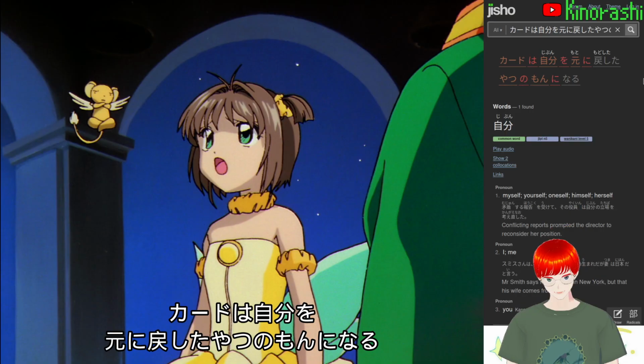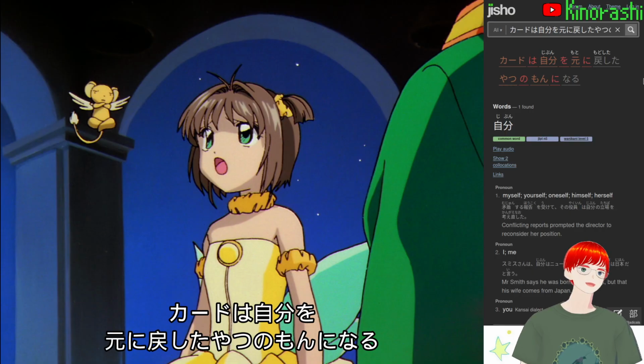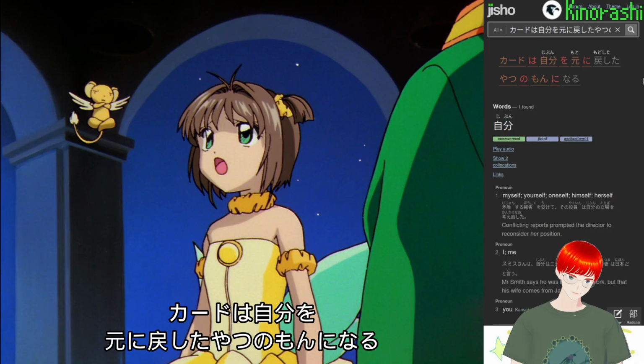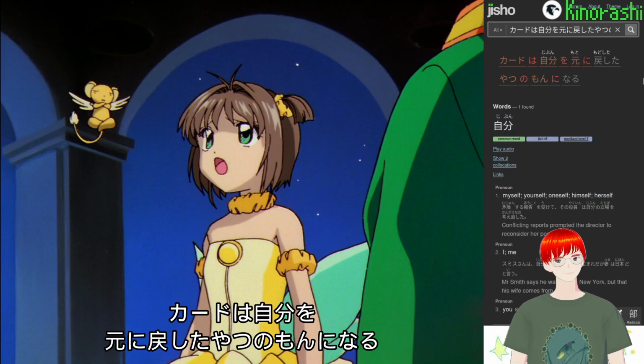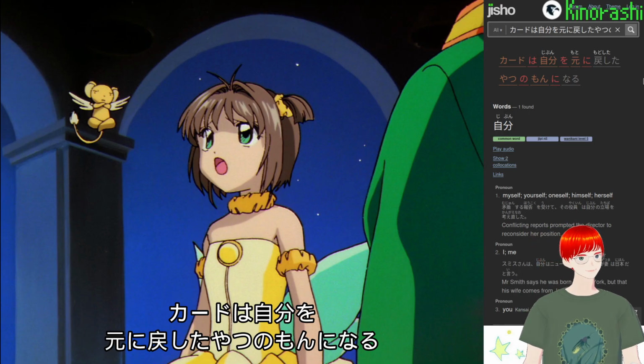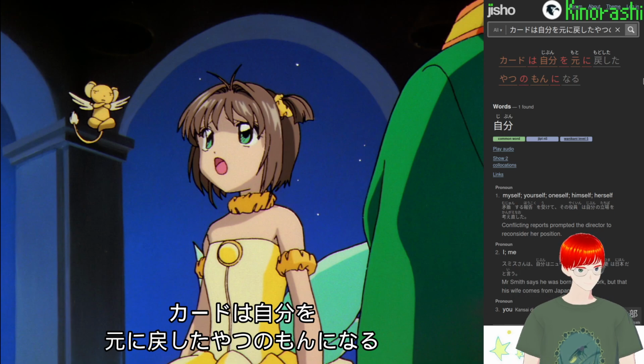Yatsu. Oh, so is the jibun referring to the card when they say I? So jibun wa moto ni modoshita, then yatsu, the person, mon, colloquial for mono, ni naru, so it will become the person's thing.